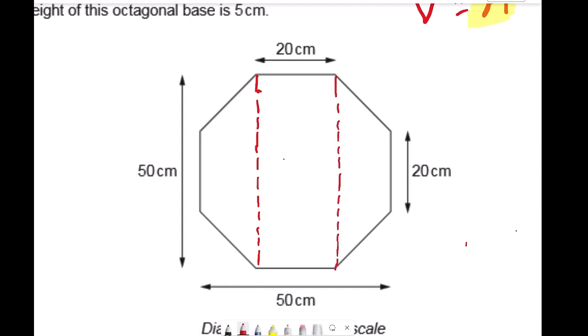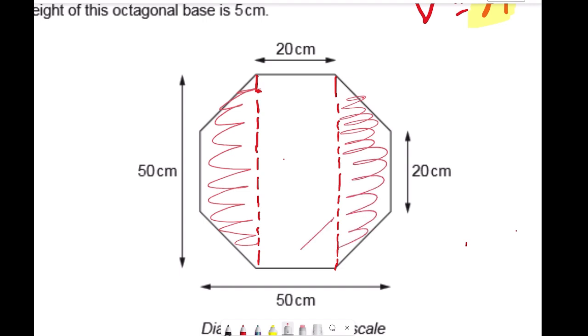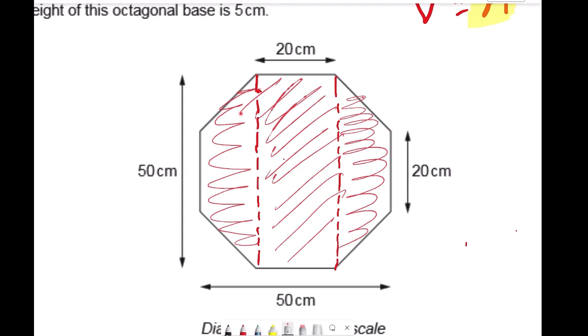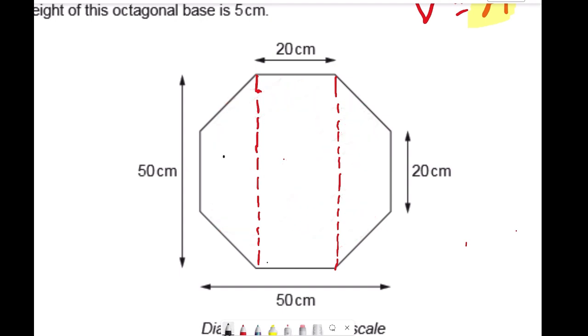If you draw a height through this line, you can easily find that we have three shapes: this trapezium here, this trapezium, and the middle one is a rectangle, isn't it? So we label this A, for example, this B, both trapeziums, and C is the rectangle.